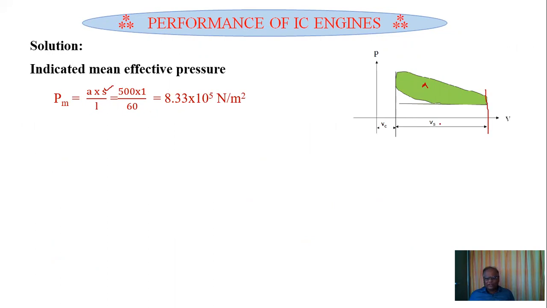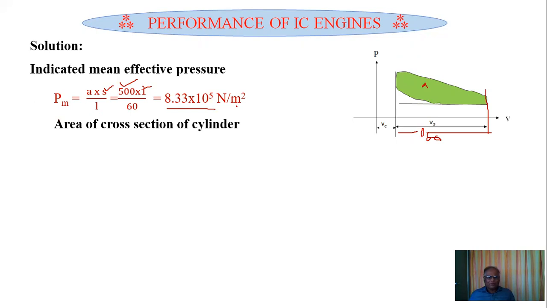The area of the indicator diagram is given as 500 mm square, the spring constant is 1 bar, and the length is 60. After substituting the values, we obtain the indicated mean effective pressure equal to 8.33 into 10 to the power of 5 Newton per meter square.